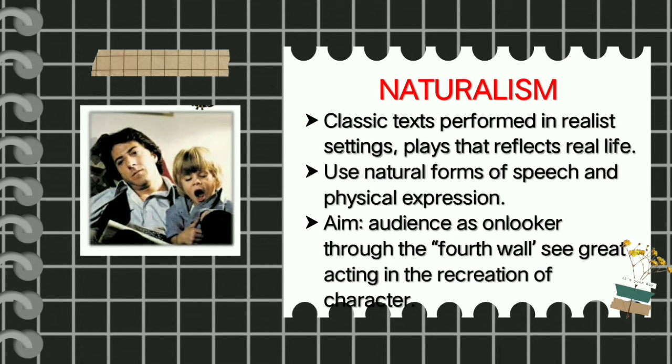It gives the illusion of real life presented on stage. The action evolves through the situations and personalities of the characters. It was a movement in late 19th century drama that aimed to replace the artificial romantic style with accurate representations of ordinary people in believable situations.